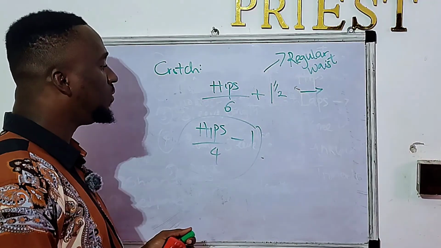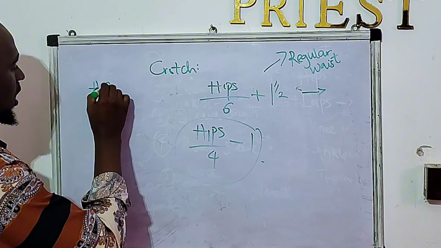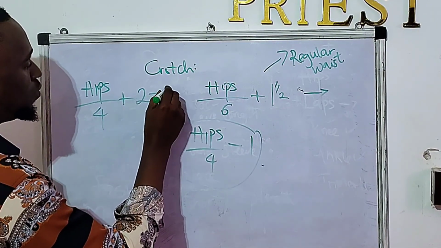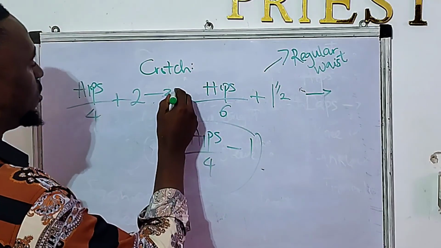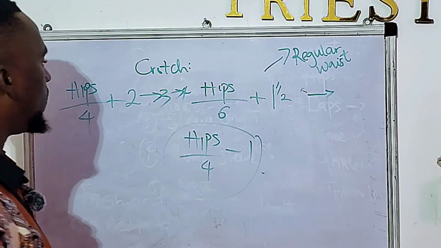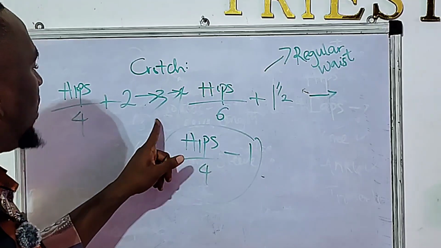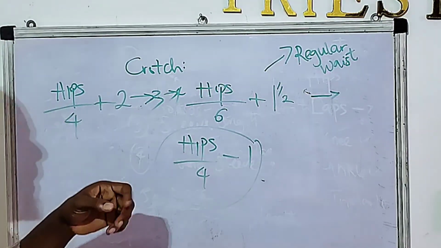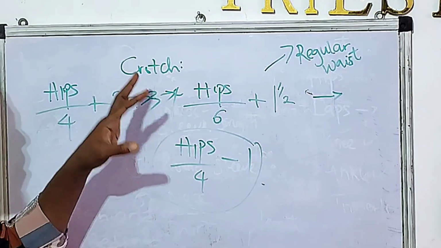So the formula we are going to deal with will be hip measurement divided by 4 plus 2 inches to 3 inches, as the case may be. In some cases, you might even go to 4. This is telling you that for a crotch extension that will get to the high waist point, you divide your hip by 4 and add either 2 inches, 2.5, 3, 3.5, or 4.